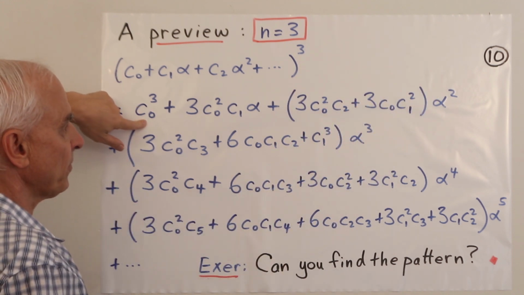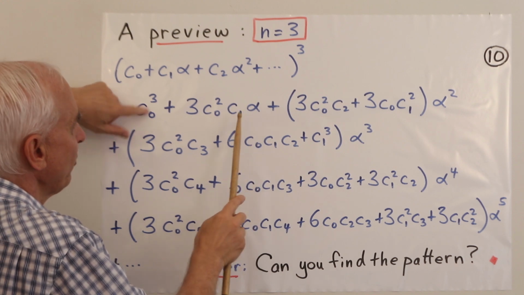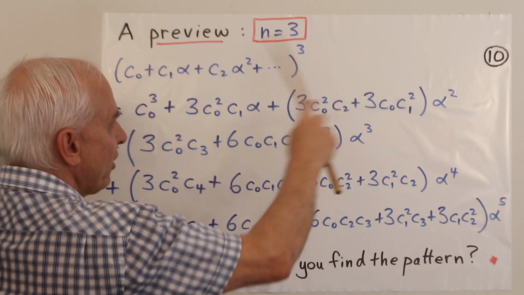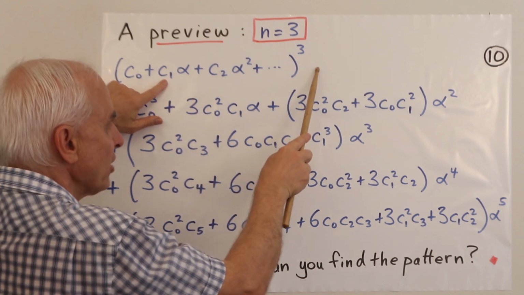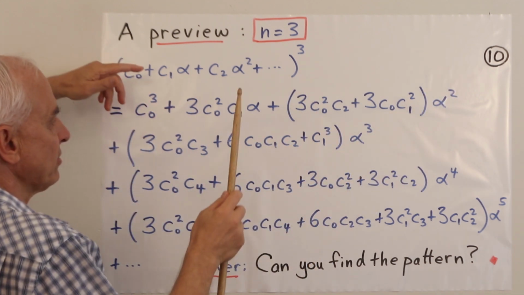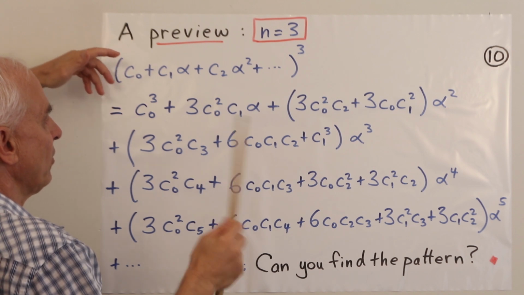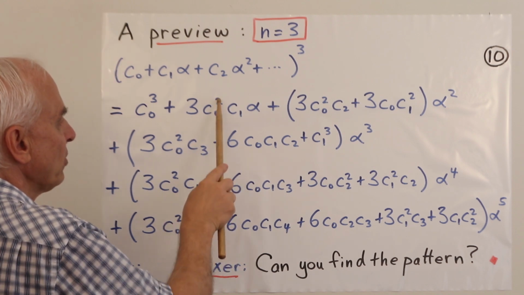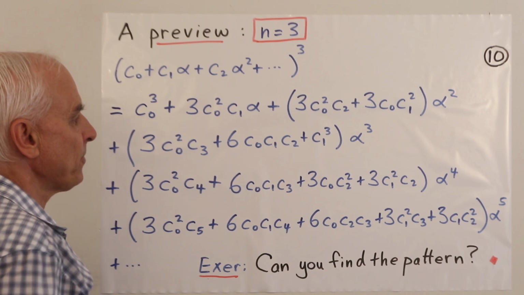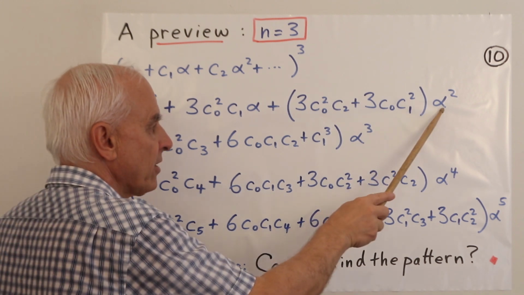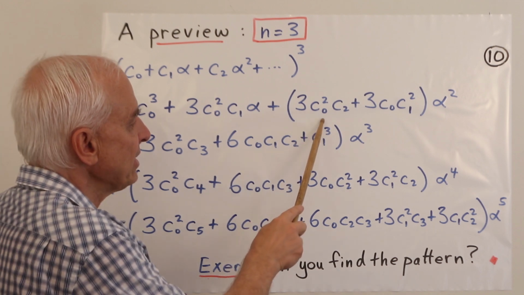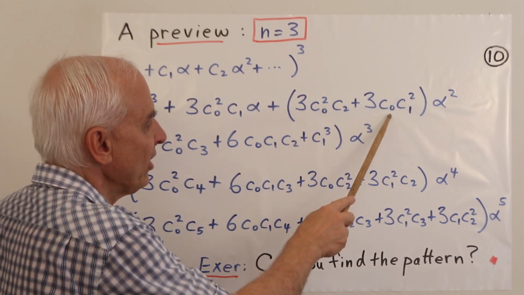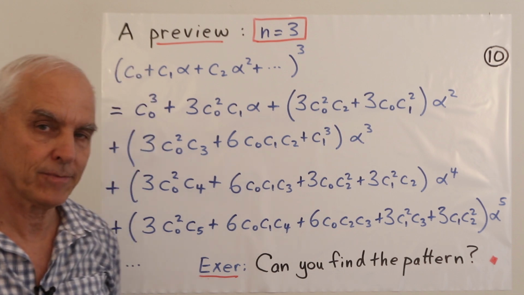That's sort of obvious. And what about the alpha terms? Well, it's not hard to see that there's not a lot of ways of getting an alpha. You could take this alpha here and then that constant term and that constant term. And there's 3 different ways of doing that. So you can get 3c0 squared c1 times alpha. And the quadratic term, the coefficient of alpha squared, is going to be this: 3c0 squared c2 plus 3c0 c1 squared.